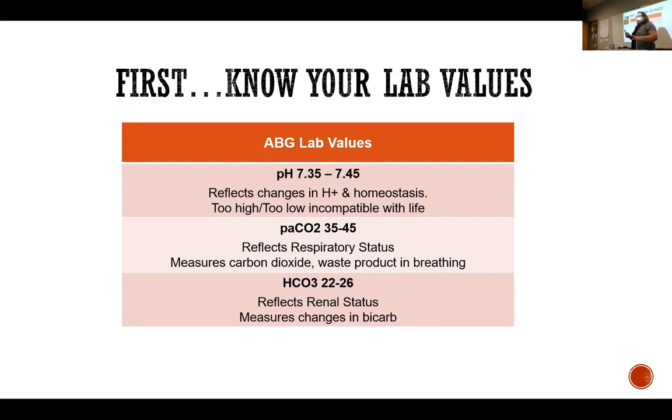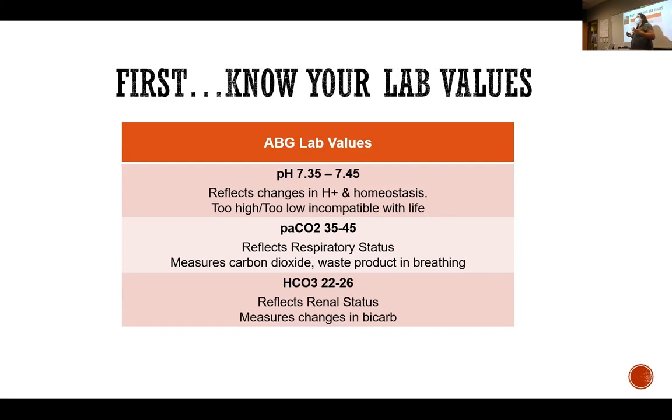So these ABG labs, after we draw that ABG test, you'll see these results. Also, you'll see an oxygen, but these are the ones we're going to use to interpret what's going on in our body. How is our body using oxygen? Are we acidic? Are we alkalotic or basic? 7.35 to 7.45 reflects changes in the hydrogen ions and homeostasis, too high or too low, incompatible with life.